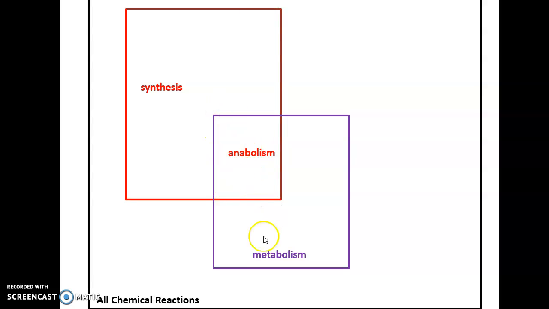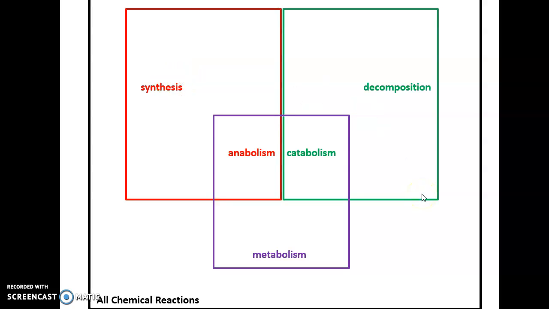So anabolism is metabolic chemical reactions involved in synthesis. And then decomposition is a big category within all chemical reactions. Catabolism is a subcategory of decomposition. So catabolism is metabolic reactions that cause things to decompose. So that's how these terms fit together.